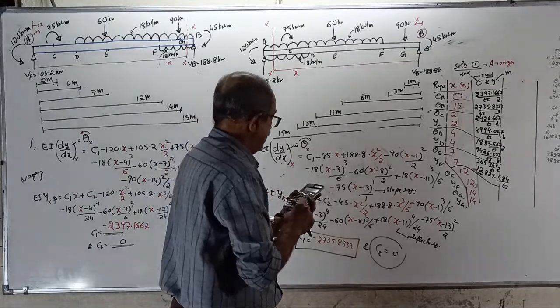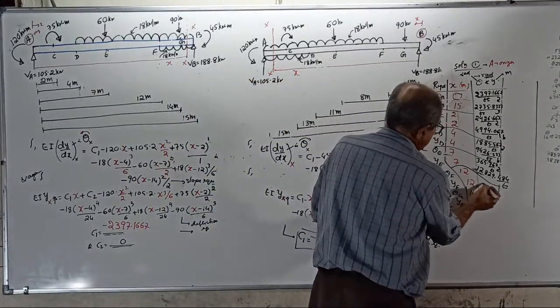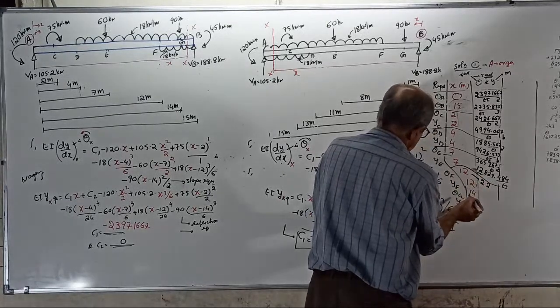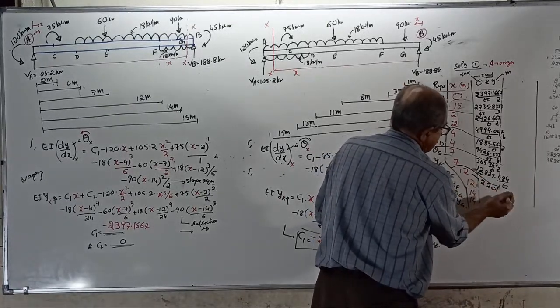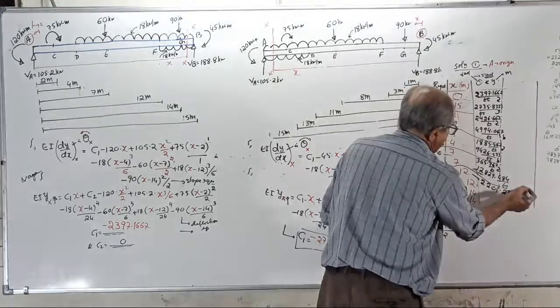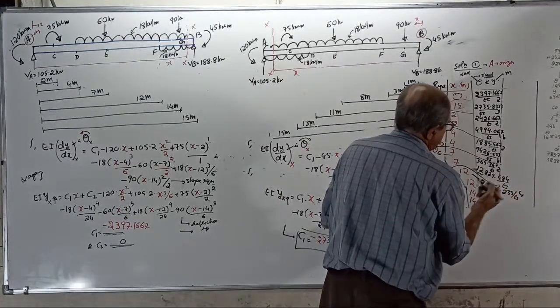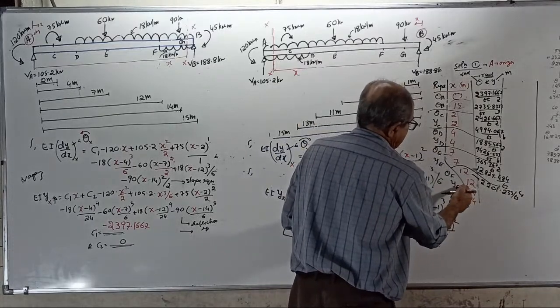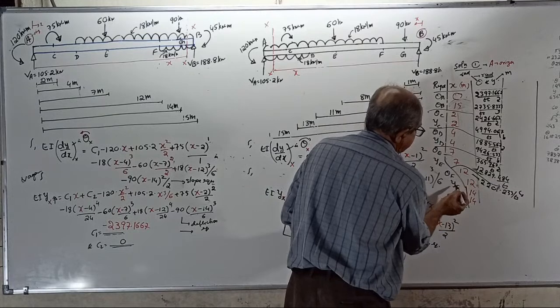Next term is not there. The slope will come 201.233 by EI radian in the anti-clockwise direction. This is the slope at F.